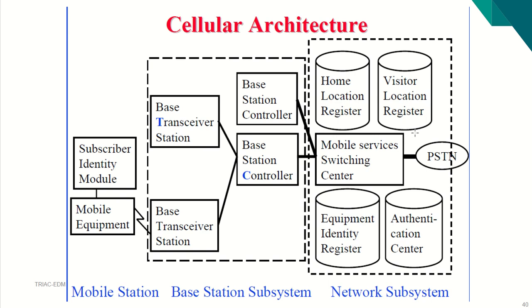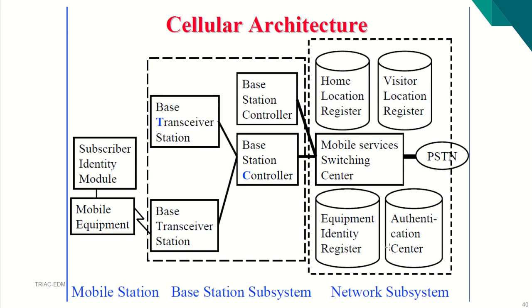Then there's the mobile service switching center, and you have the identity register and authentication center, which authenticates by some protocols that your cell phone is identified as authentic, instead of being a fraud.